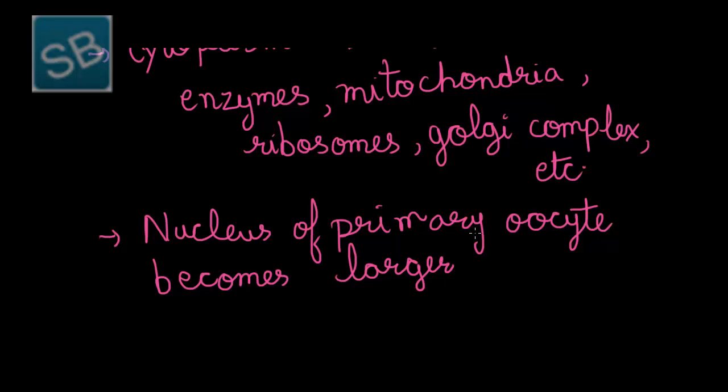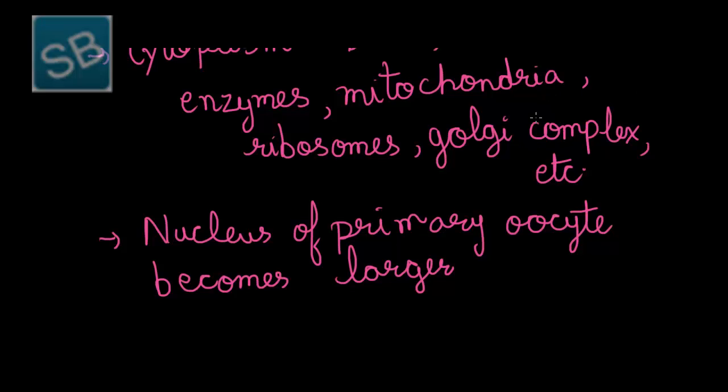Now when the growth of cytoplasm and nucleus together gets completed within the primary oocyte, then it enters into the next phase, that is, maturation phase. However, the growth phase of oogenesis is comparatively longer than the growth phase of spermatogenesis.